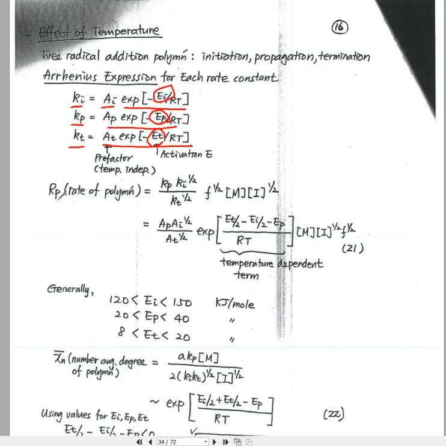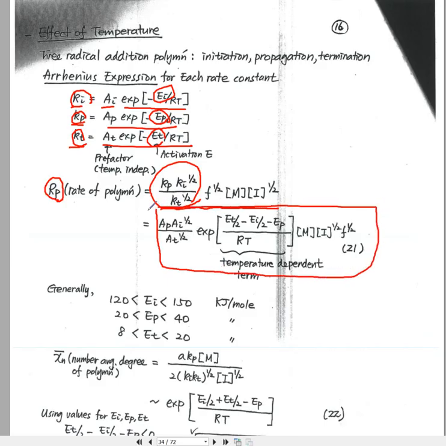If you recall the rate of polymerization that we derived before, it was this expression, remember? If you put these 3 rate constants into it, you get expressions showing how the rate of polymerization depends upon temperature.